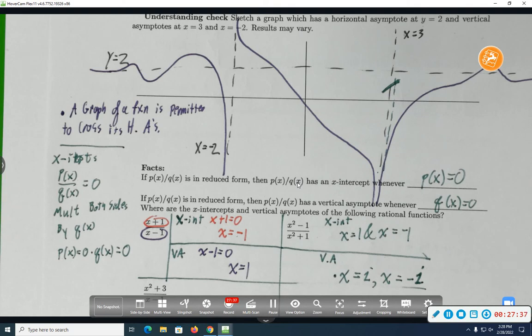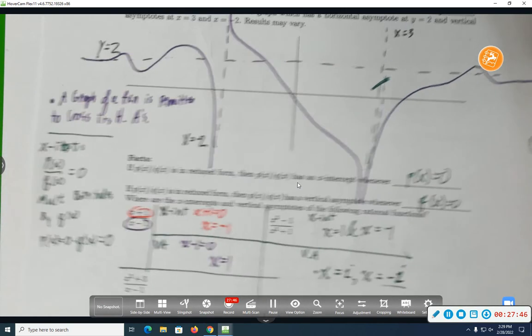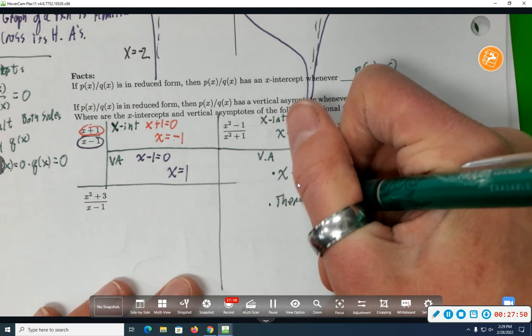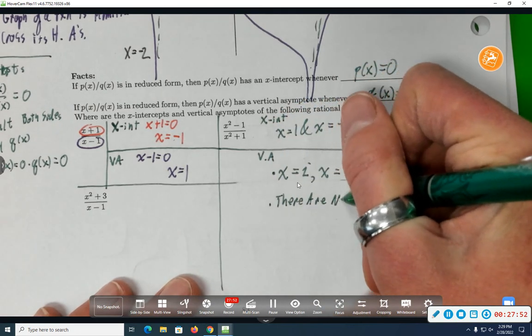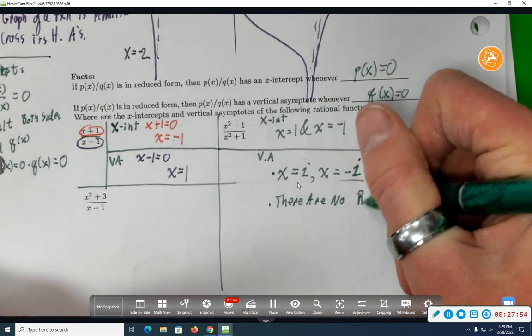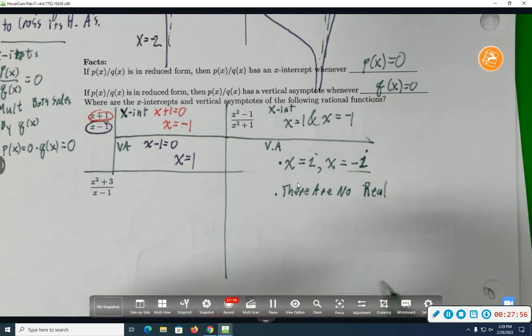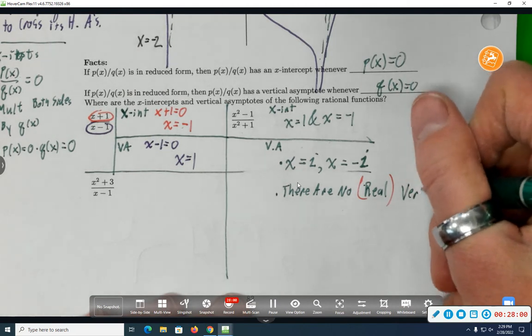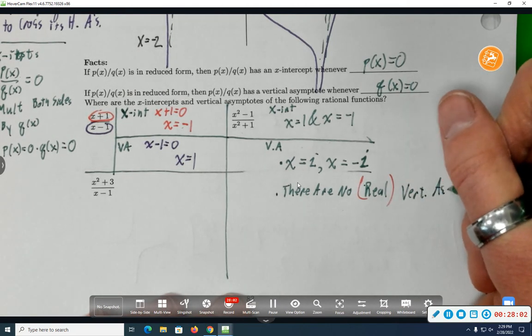graph complex functions with complex inputs. So what would be equally valid to say is there are no, and maybe if you want to emphasize, real vertical asymptotes.